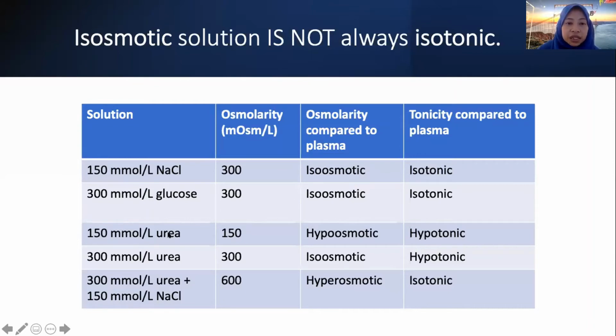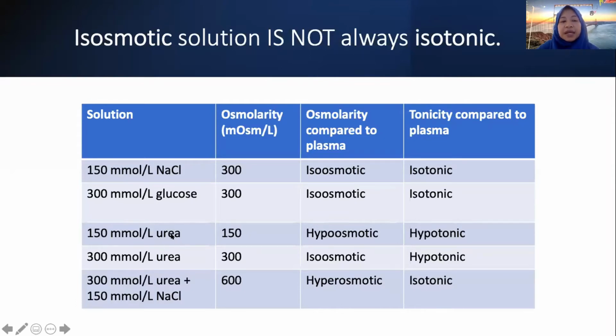Now let's look at urea. Urea of about 150, osmolarity is 150. So 150 compared to plasma 300, it is hypoosmotic. Very good. And what is the concentration of the non-penetrating solute in this solution? There's none, right?